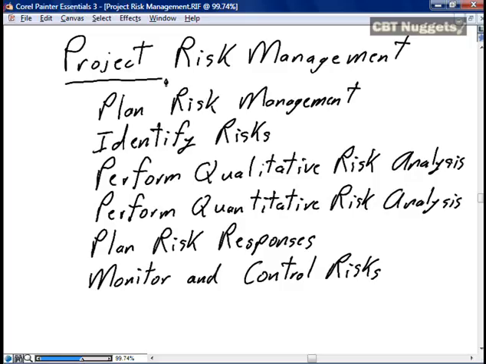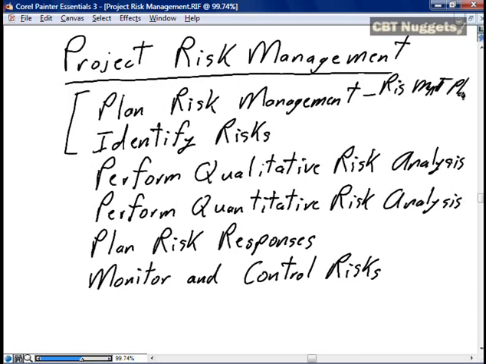This concludes our first of 3 nuggets on project risk management. This nugget was focused on plan risk management and identify the risks. Plan risk management resulted in the development of a risk management plan. It identified our strategy for dealing with risks.